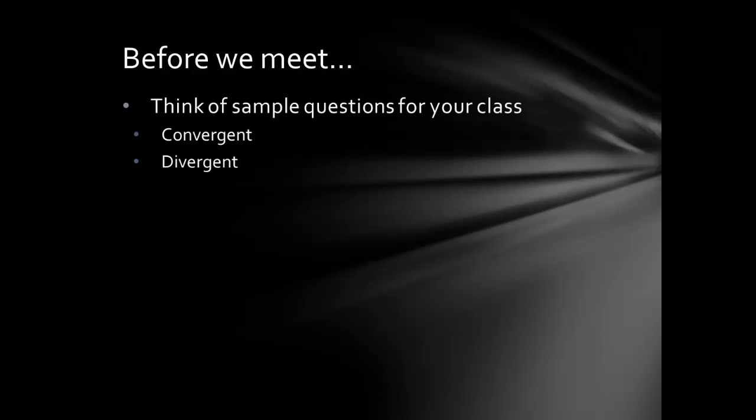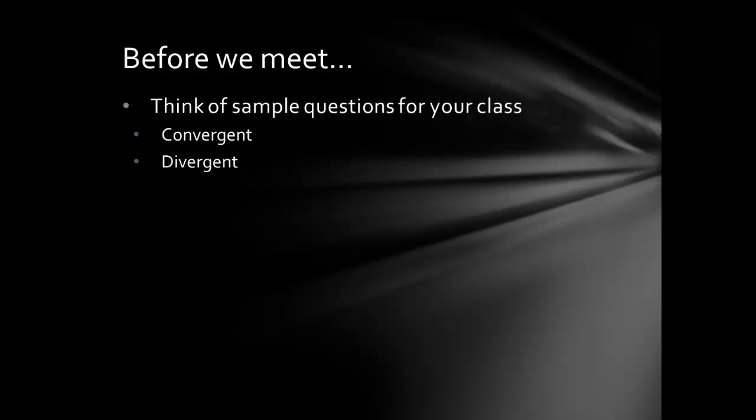Now, before we have our faculty meeting, I want you to think about a few things. I want you to think of some sample questions that you might ask for your class. And when we meet together, let's talk about it. Think of some convergent questions. Just think of some topic that you're studying in your class.